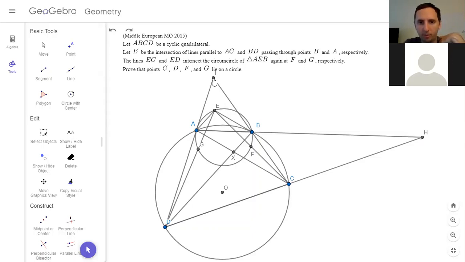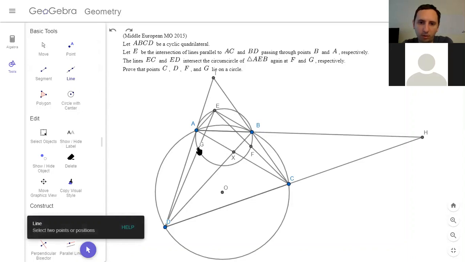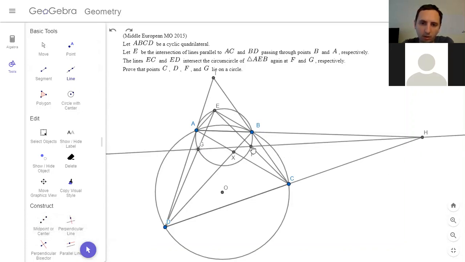HX is the polar of I. Or, yeah, we could try to show those are collinear.